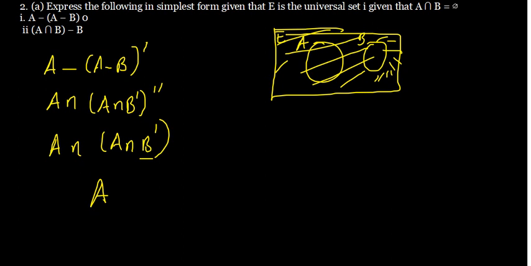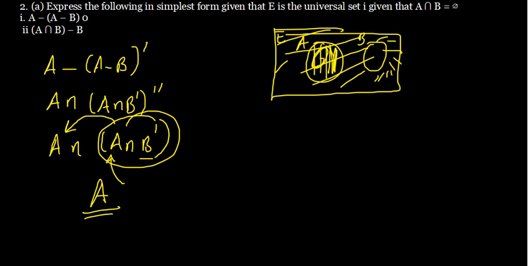It's going to be A. B complement is that part I've shaded. Intersection A, it will just be this region. So just this part here itself is A. Now where A is intersecting with A is still A. So the answer is going to be A for this question. Is that okay?